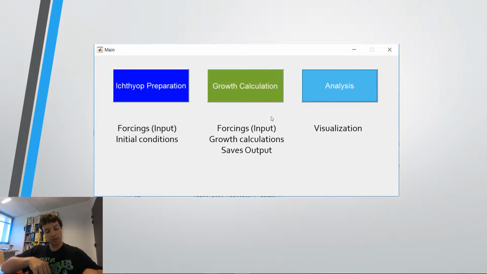The GUI has 4 main modules. The first main module is basically the main menu, which allows the user to switch between the 3 other modules. The first one is the dark blue one, which allows the user to set the initial conditions and create an output file for IPCIS to run.